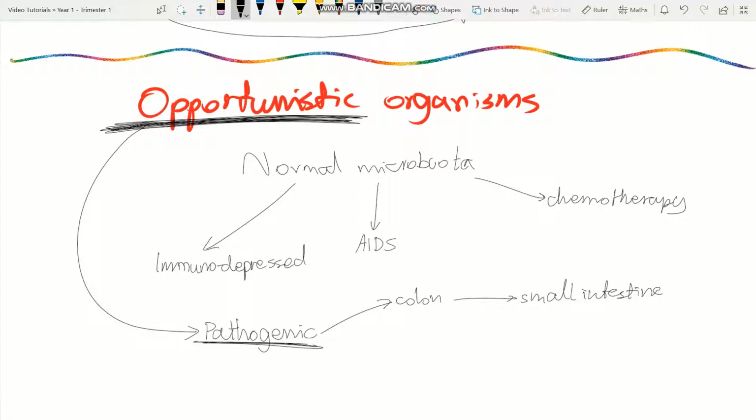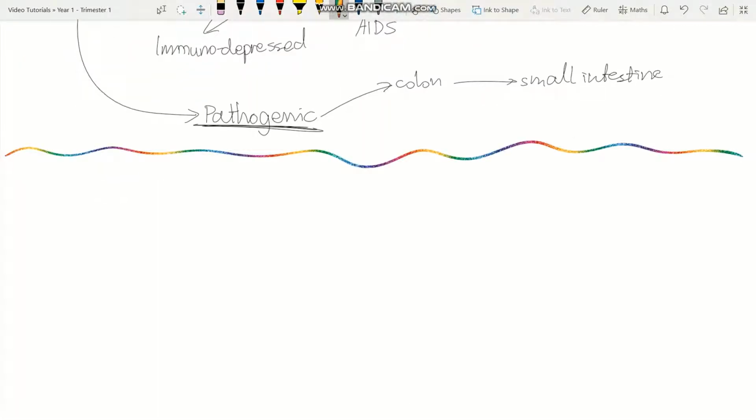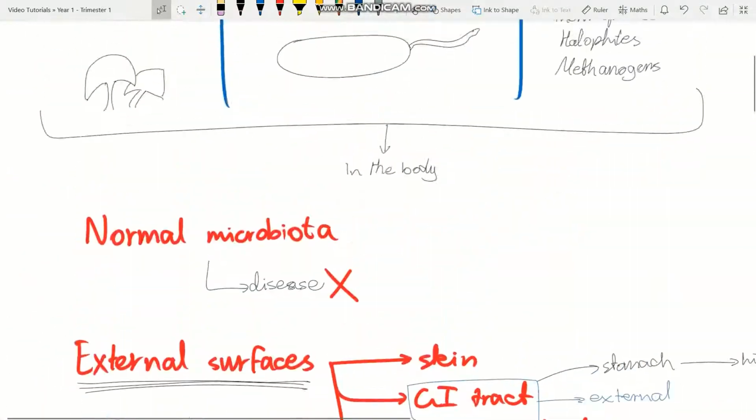They include giving antibiotics, whether they be narrow spectrum or broad spectrum, or even other mechanisms that may allow for the patient to be back to their normal balance of microbiota. So that really concludes the relationship and the introduction to different types of microbiota in the body.